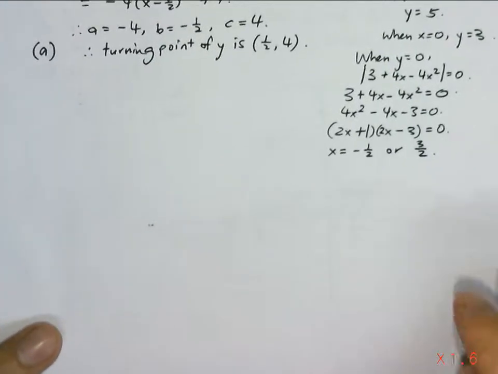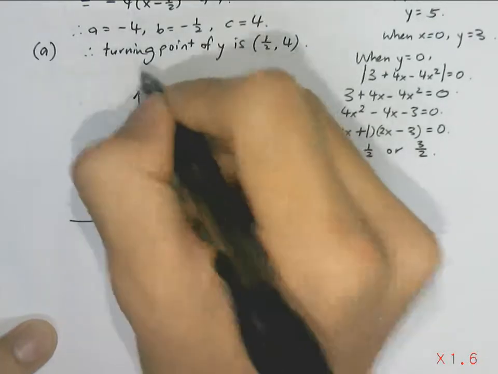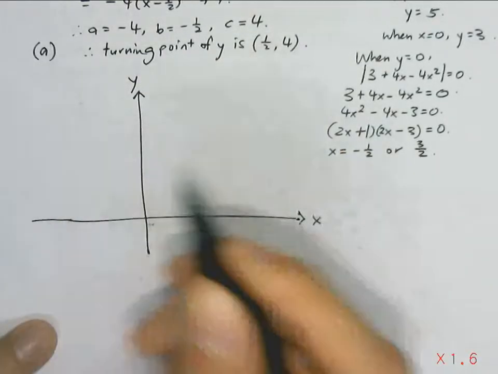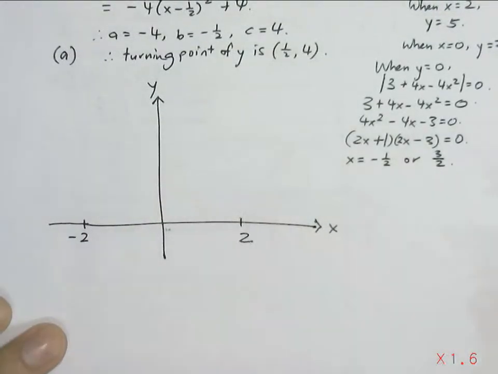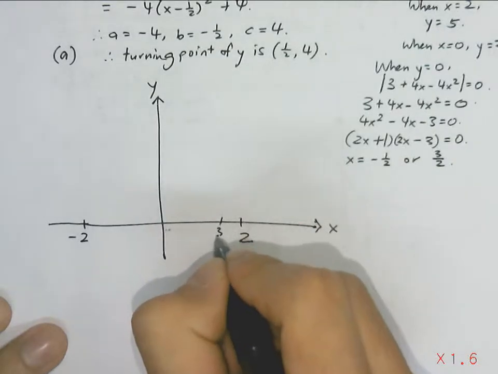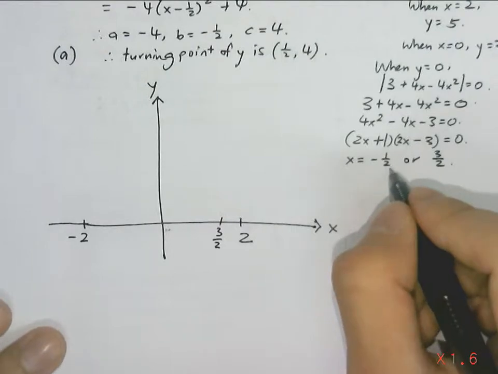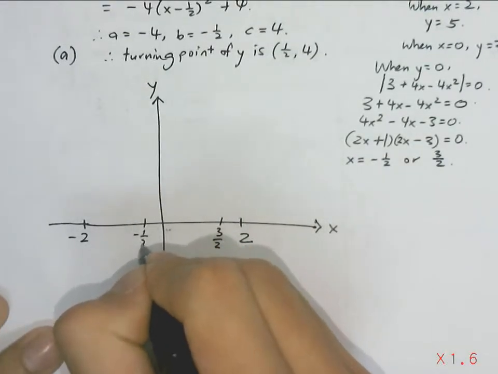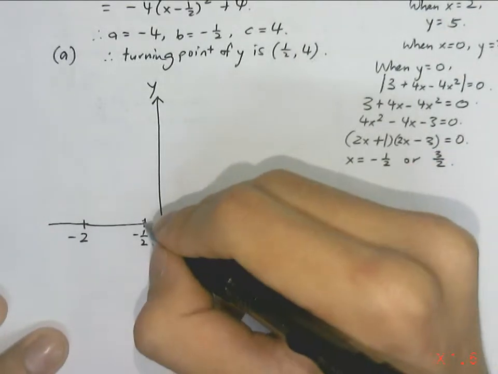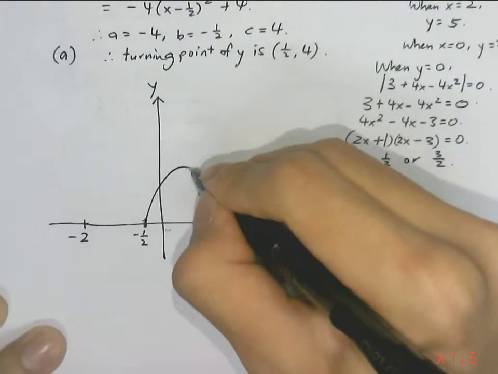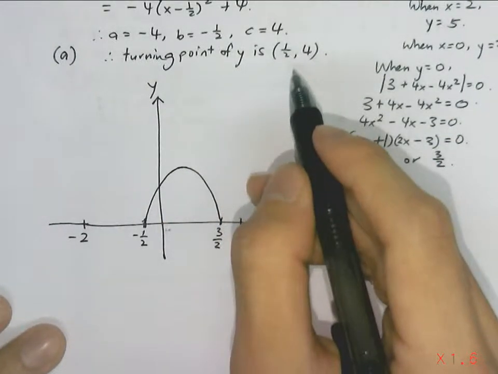So to complete the sketch, minus 2 and 2 is the lower and upper limit. At 3/2 we have an intercept with the x-axis. The other intercept is at minus half, so it will be here. So just draw one curve here, indicating the maximum point at half, 4.